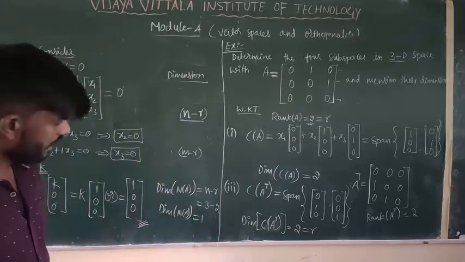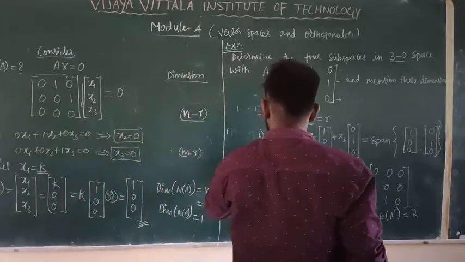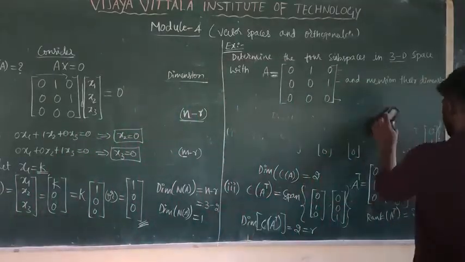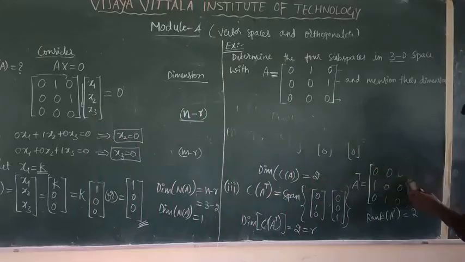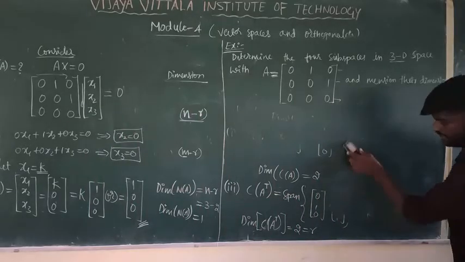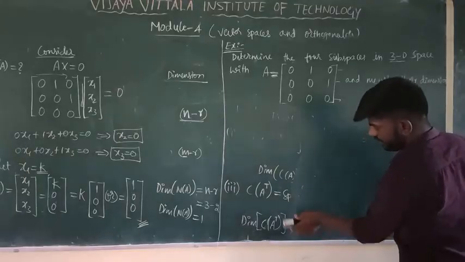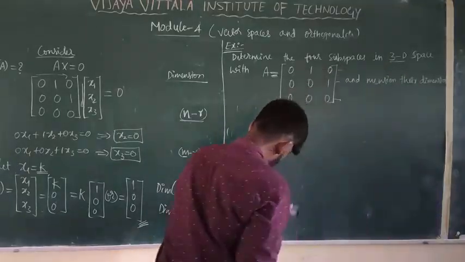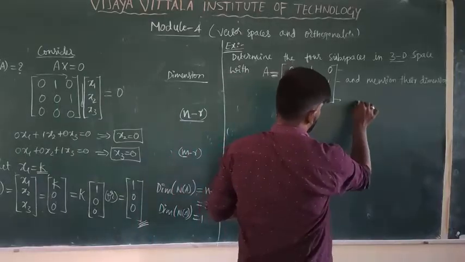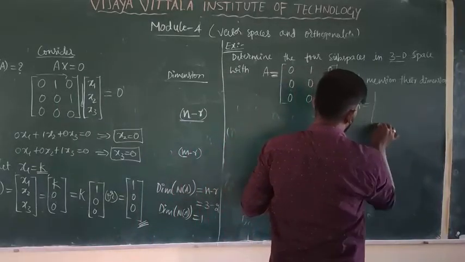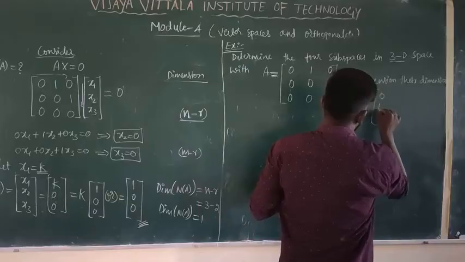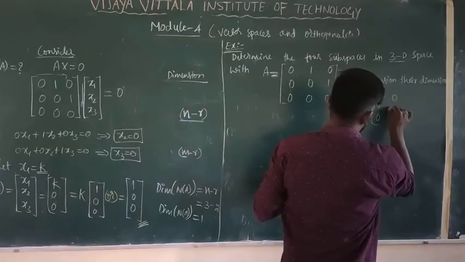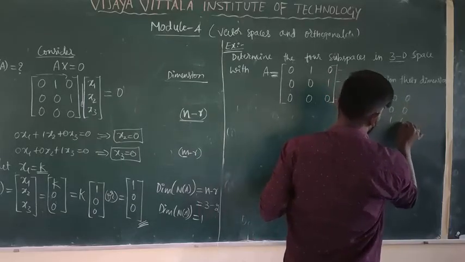Next, we will find the dimension of the left null space. For the left null space we want A transpose, which is 0 0 0, 1 0 0, 0 1 0. This is A transpose.